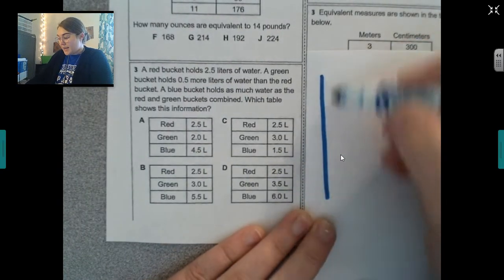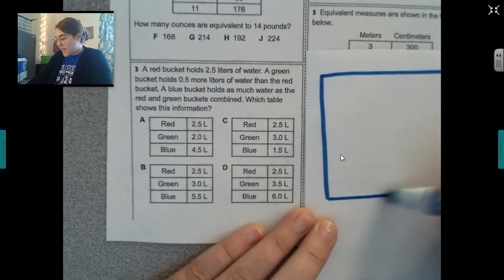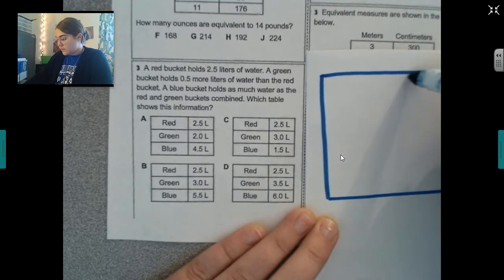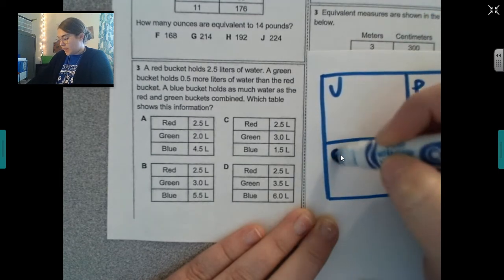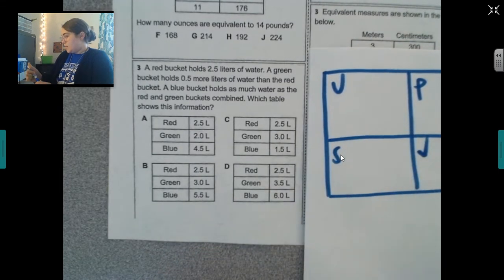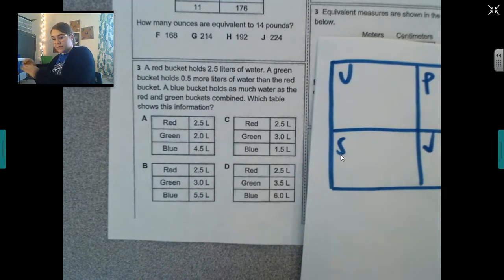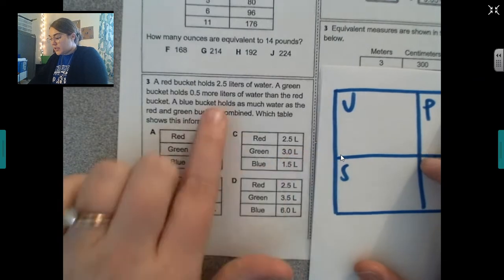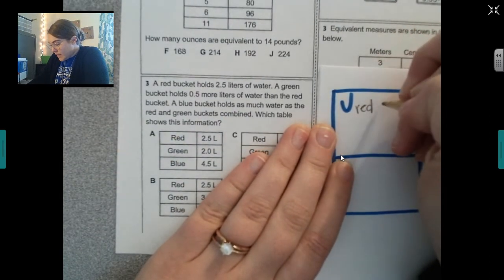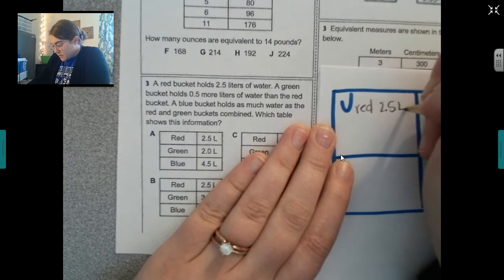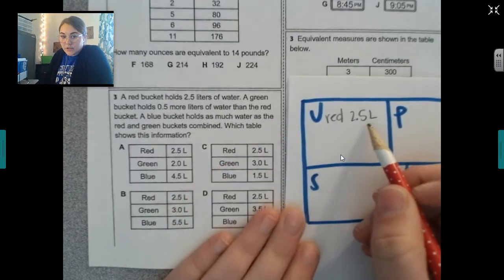So let's go ahead and draw our UPS check box. I want you to draw it and write UPS check. And then we are going to solve this problem. So let me find my pencils. We need to first understand the problem. So we know the red bucket is the one that has 2.5 liters.